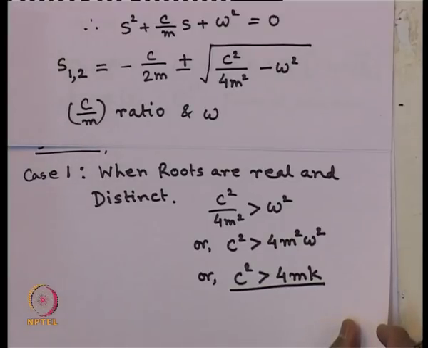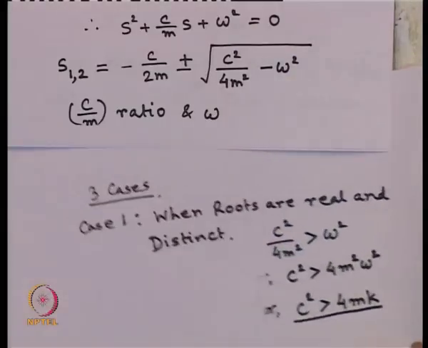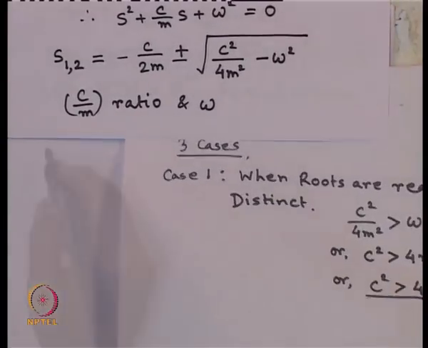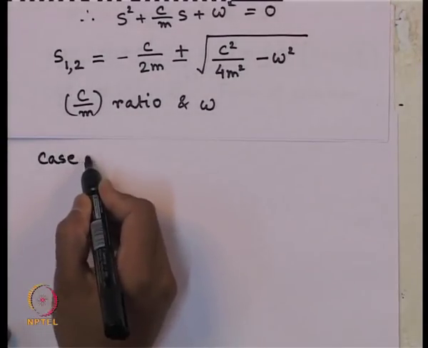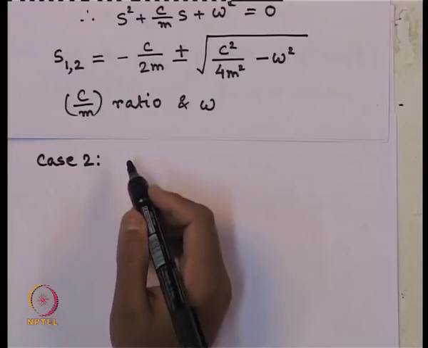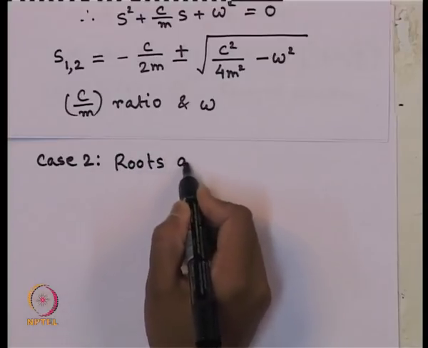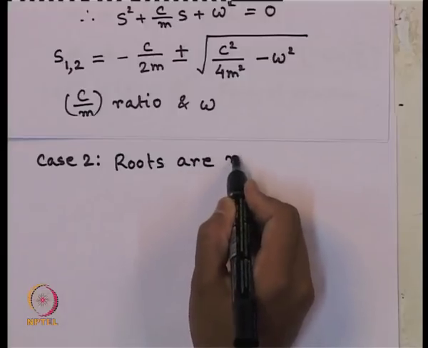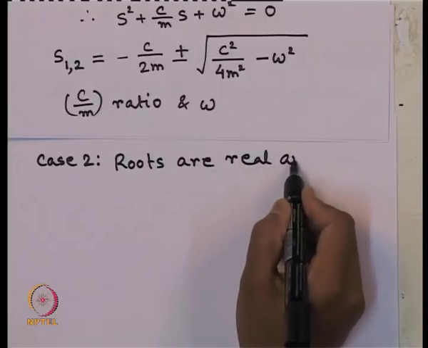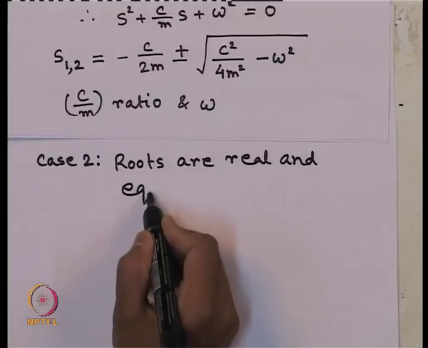Let us see what is the second case which can arise. So, case 2 can be roots are real and they are equal.